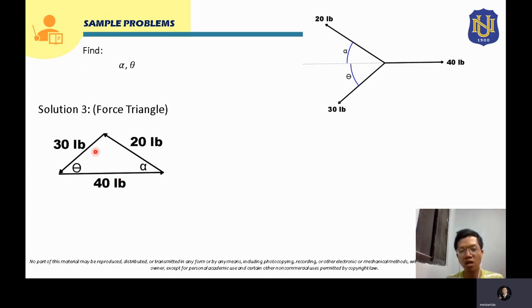From here, all the sides of this triangle are known and the angles here are unknown. So the law of triangle that we can use here is cosine law. To solve for theta, we are going to use this side of the triangle.